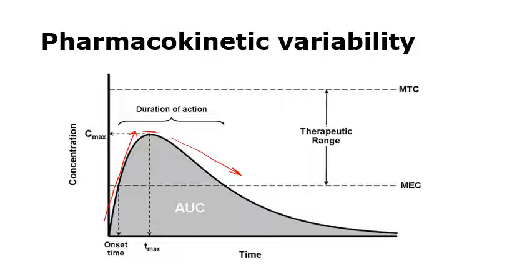For example, if we have 10 patients who were administered 500 milligrams of a drug, the plasma concentration time curve in all those patients will not be similar. There is a low chance that there will be similarity in the plasma concentration time curve following the administration of a specific or exact dose. We call this the pharmacokinetic variability.